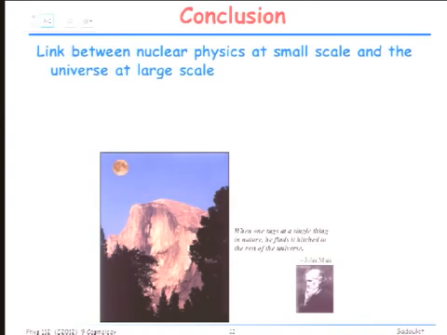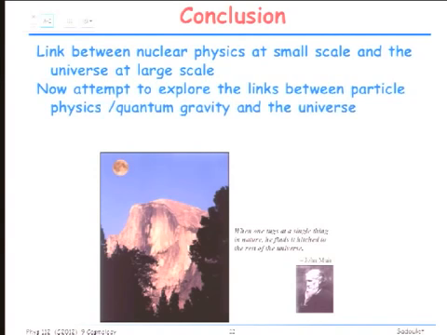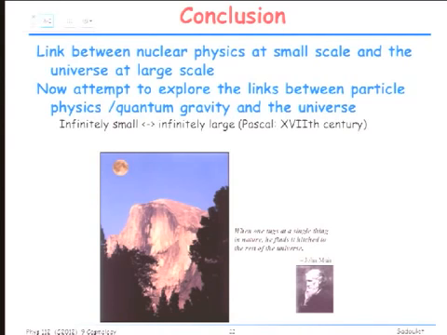But now the infinitely small that we are considering is much smaller than he knew about, and the infinitely large is much larger. And there is this nice quote from John Muir: when one tugs at a single thing in nature, he finds it hitched to the rest of the universe.